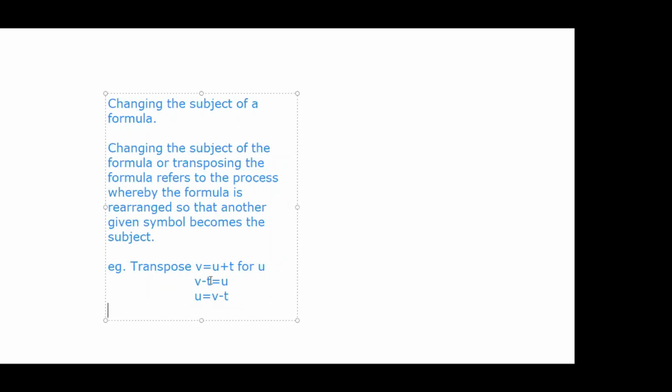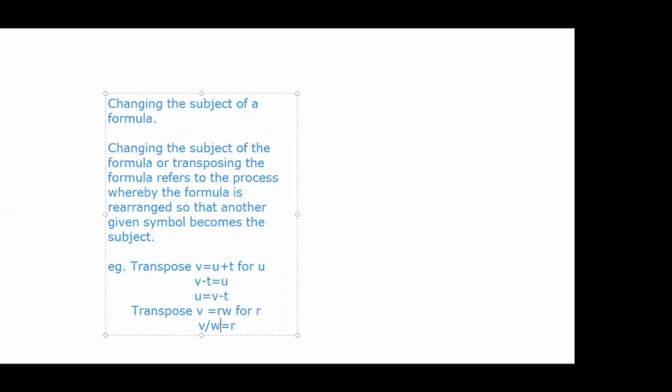Okay, let's look at another one. Let's look at V equals RW. Let's see what happens here. We have to transpose V equals RW for R. Now we need to remove that W from there, or we need to transpose that W. So V remains, R remains, but the W will go over and divide.